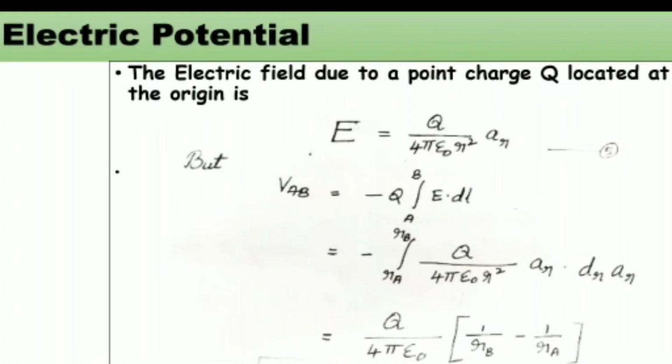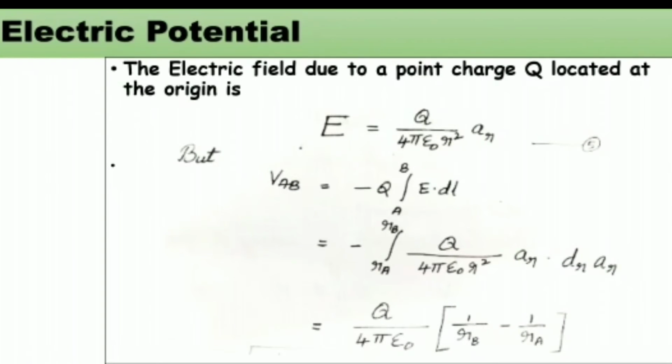But we know the potential difference VAB is equal to minus integral A to B E dot dl. So A to B means position vector RA to position vector RB. So minus integral RA to RB Q divided by 4 pi epsilon naught R square AR into dr AR.